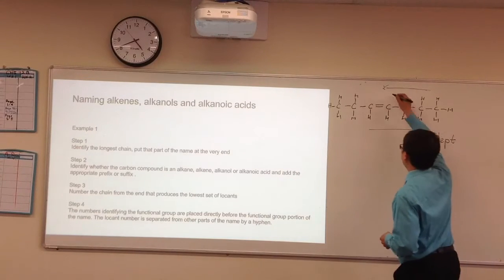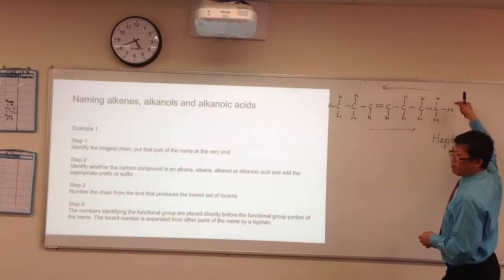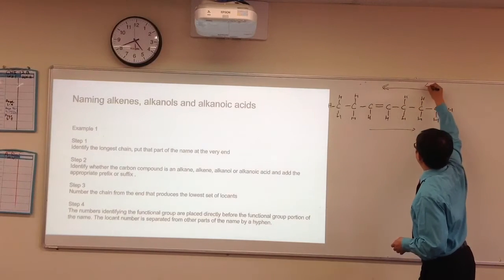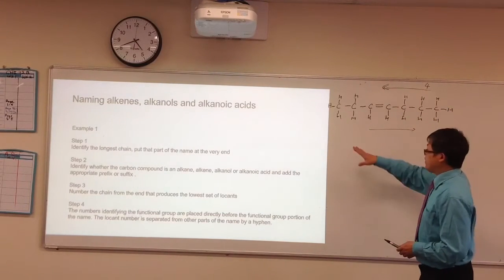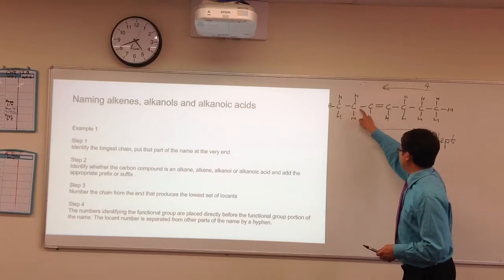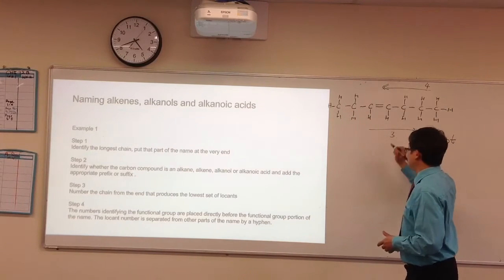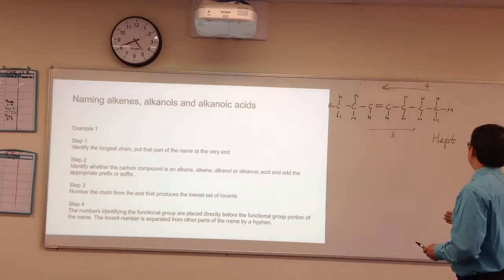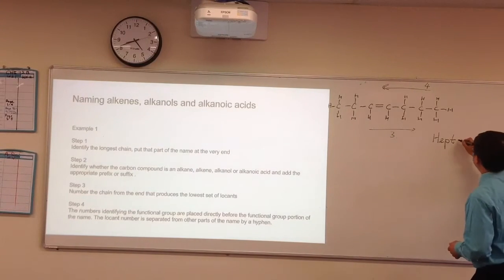In this simple example, if I count from the right hand side, that will become 1, 2, 3, 4. Whereas if I count from the left hand side, that goes 1, 2, 3. So therefore, if I try to name this correctly, this should be hept-3-ene.